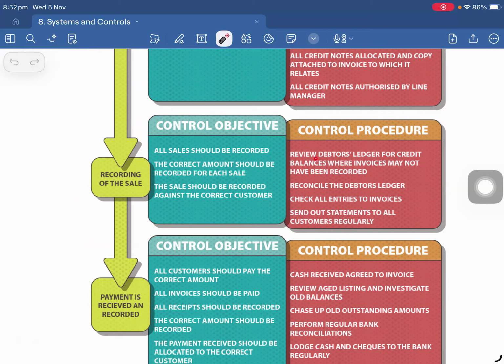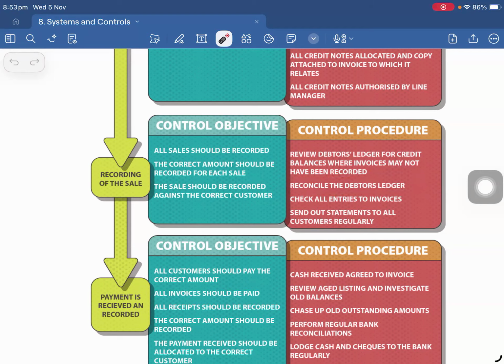So what are the things that you're going to keep in place? You're going to now and again take the debtors ledger and see the credit balances. And wherever you find that invoices have not been recorded, you're going to record the invoices. You're going to keep doing this on a regular basis. You're going to reconcile the debtor balances because sometimes there could be reconciliations happening.